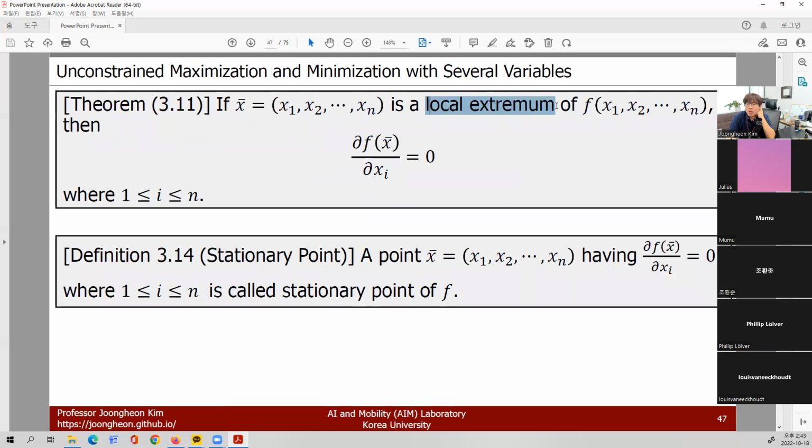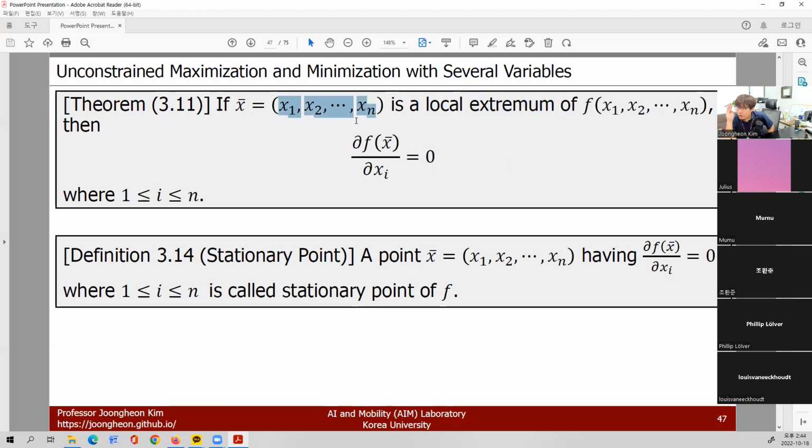So in this case, if the function looks like any kind of concave or convex shape, then when you want to find the maximum value or the minimum value, your function should be on top or at the bottom. Then that will be flat. That's why it will be 0 when you do the partial derivation in all the variables.